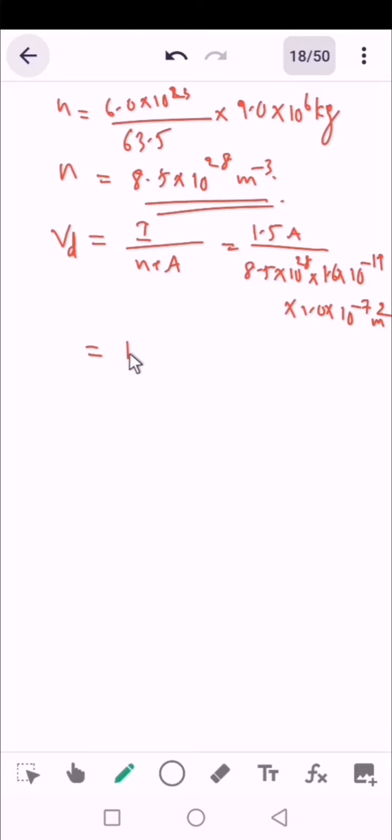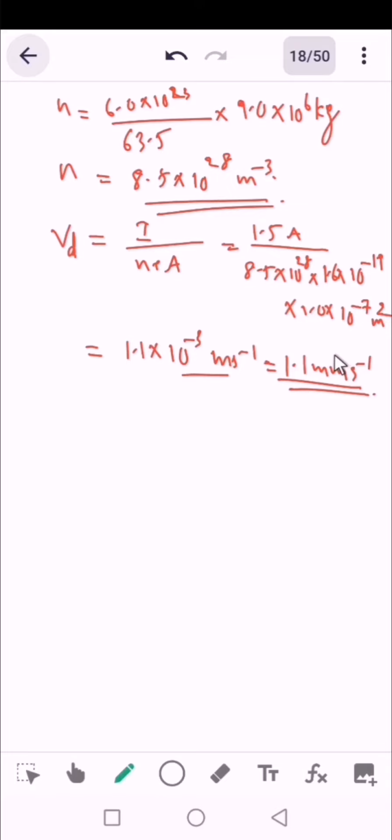When you calculate this, you will get 1.1 into 10 raised to minus 3 meter per second. You can write it in millimeter also, since 10 raised to minus 3 meter is 1 millimeter, so you can write it as 1.1 millimeter per second.